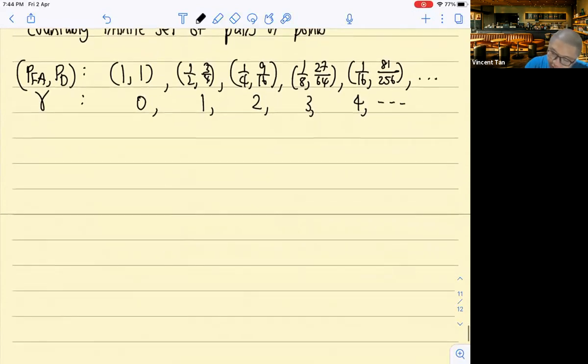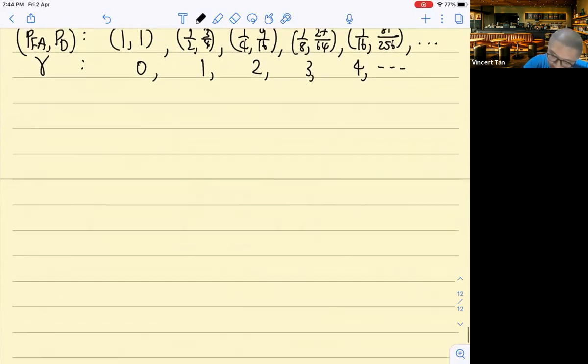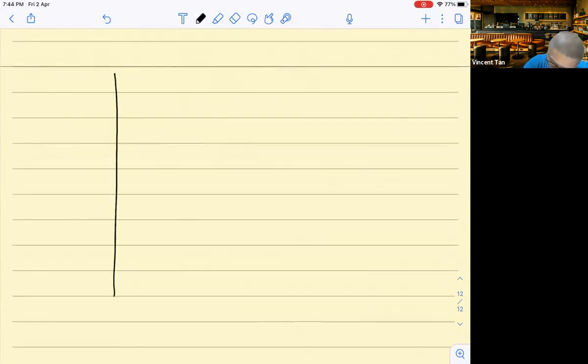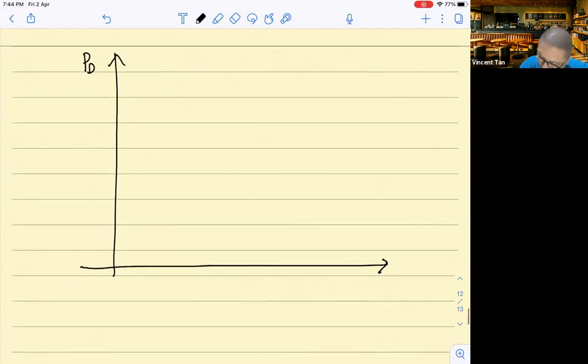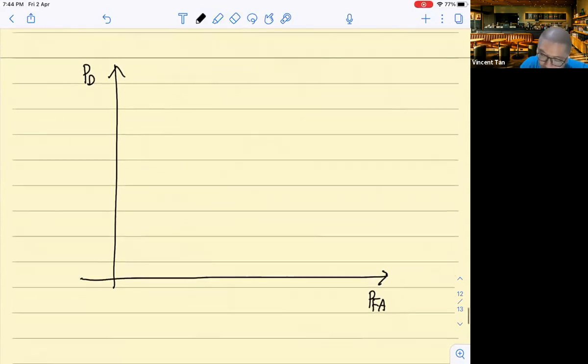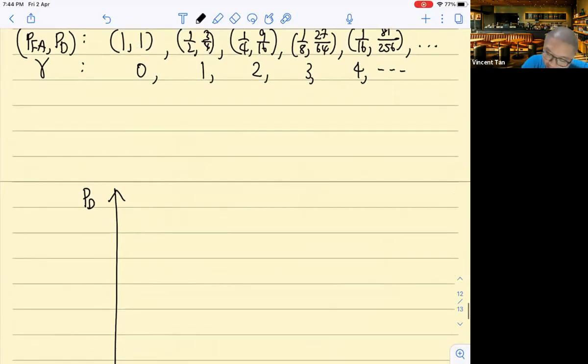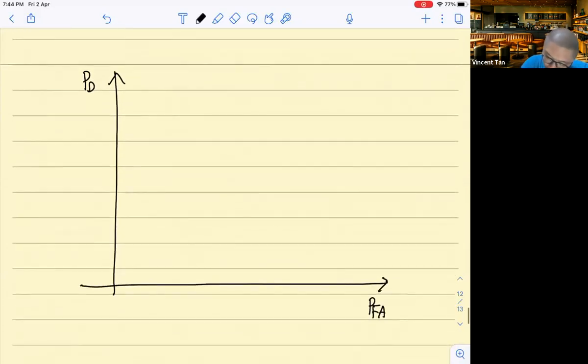Just to draw it out, let's see. This is my PD, and this is my PFA. If I have my gamma at 0, the point that I am going to operate at is this point, 1, 1.